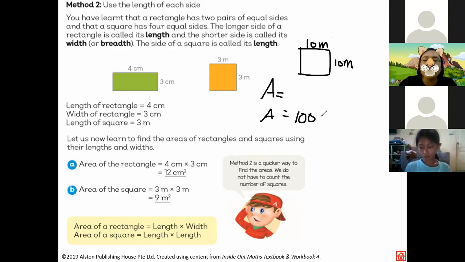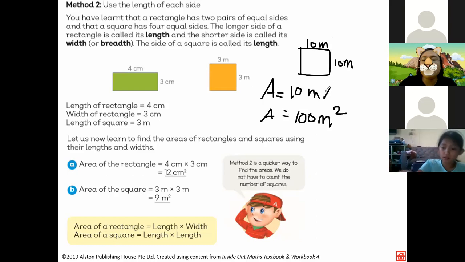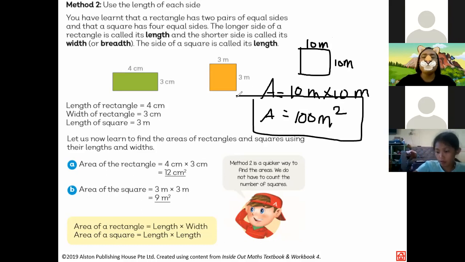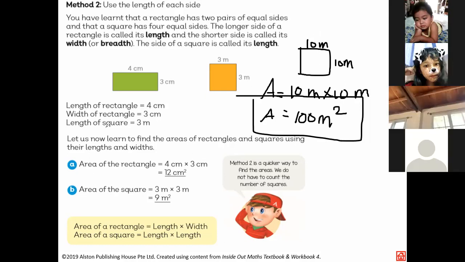So 10 meters multiplied by 10 meters is 100 meters squared. All right, do you understand, class, the difference between the rectangle and the square? Yes. Okay, very good.